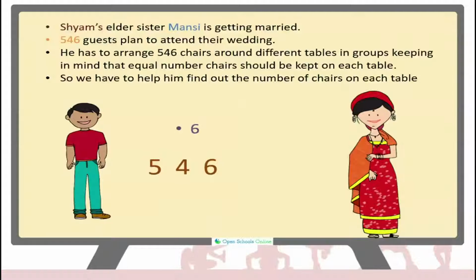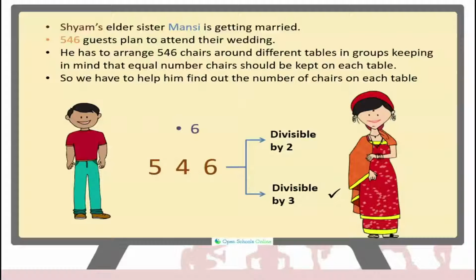Now let's see whether we can place 6 chairs or not. The divisibility rule of 6 is a number is divisible by 6 if it is divisible by 2 as well as 3. We already know that 546 is divisible by 3. Now let's find out if it is divisible by 2 or not.